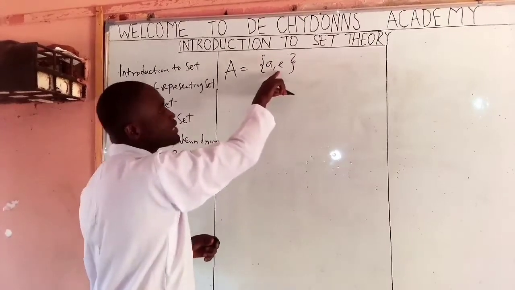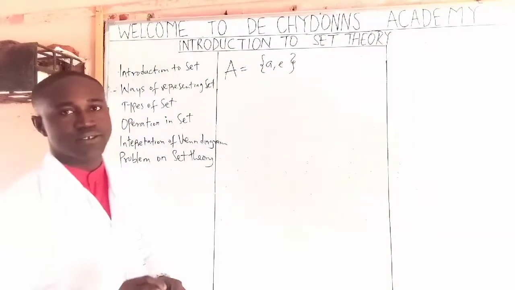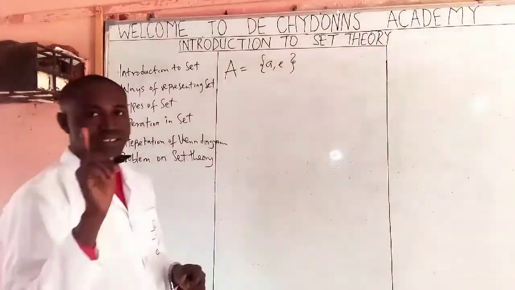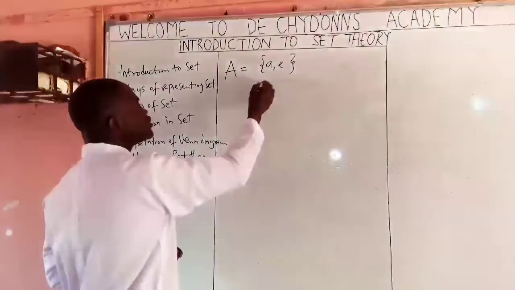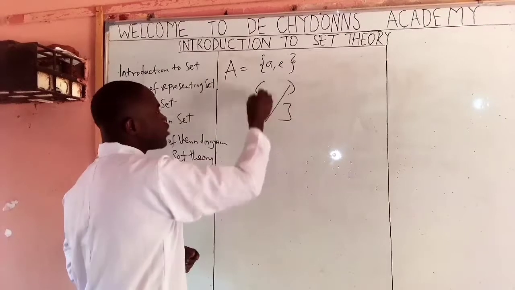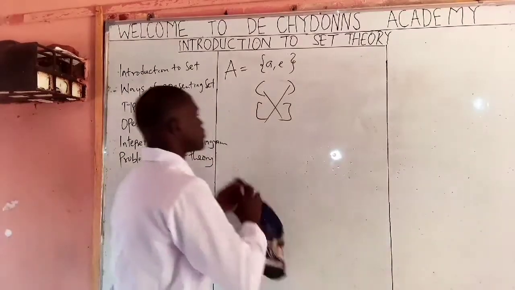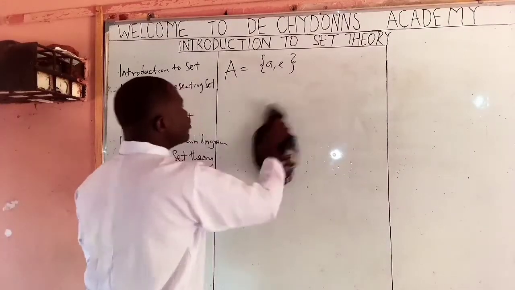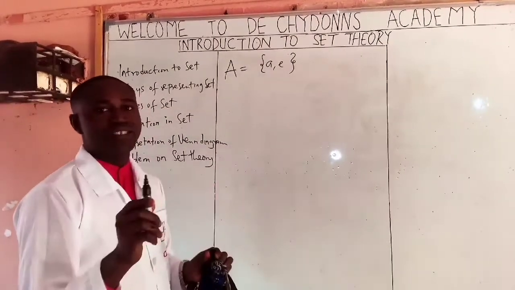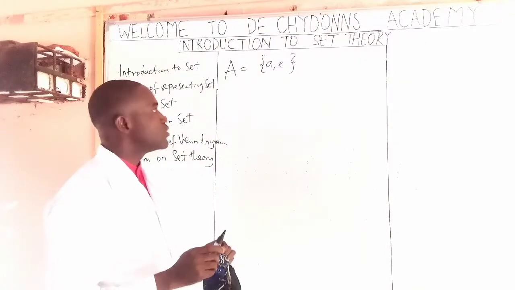You must use small letters to represent them. And you must use curly brackets to represent a set. You should not use the other brackets. They are totally wrong. So you only use curly brackets in representing a set.